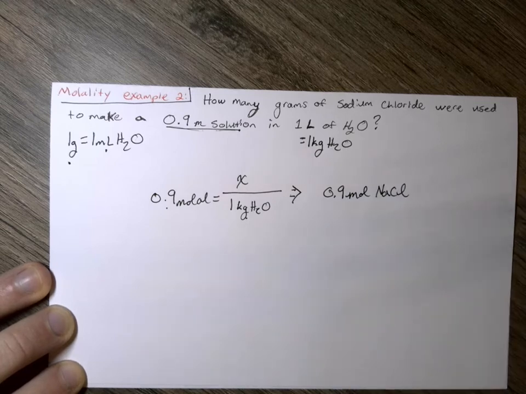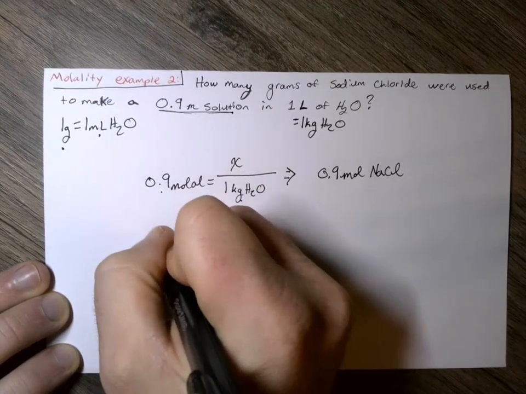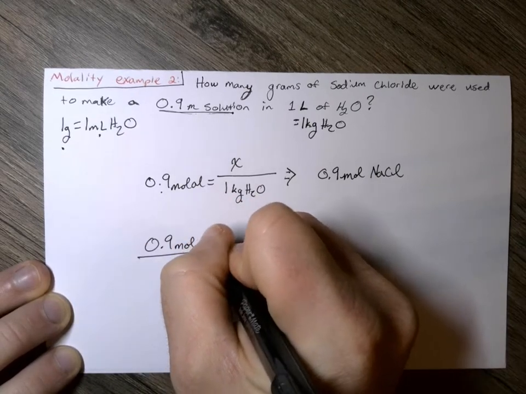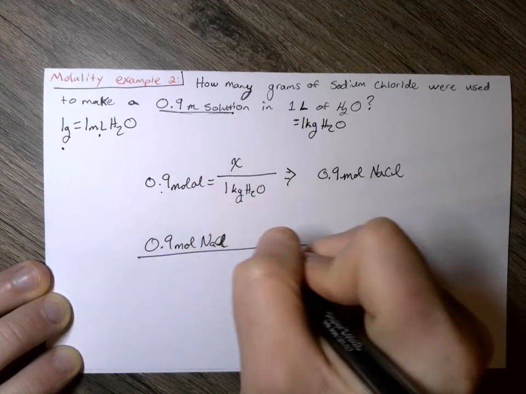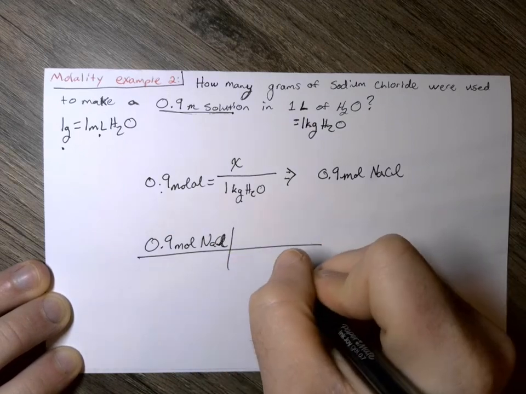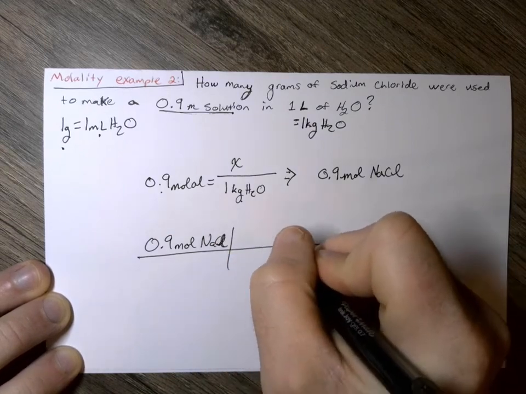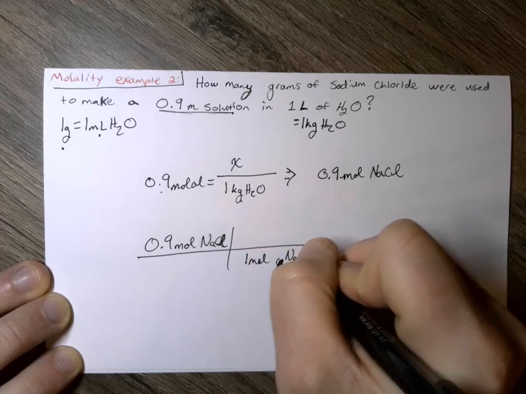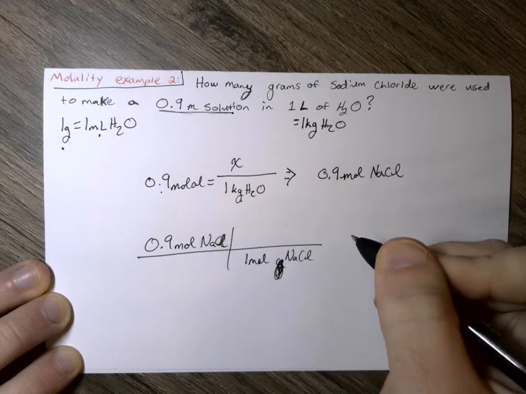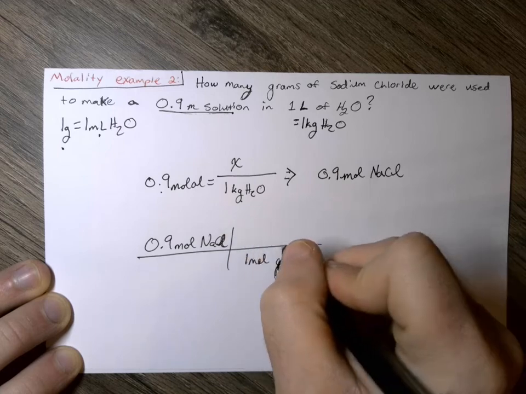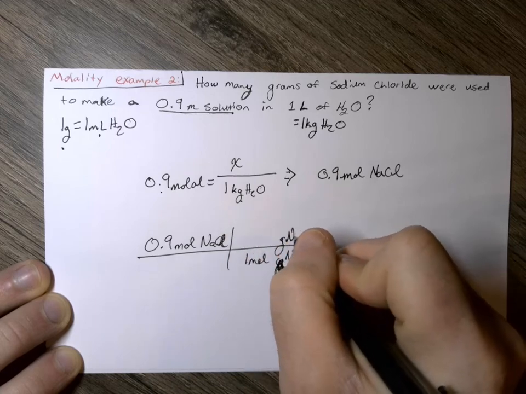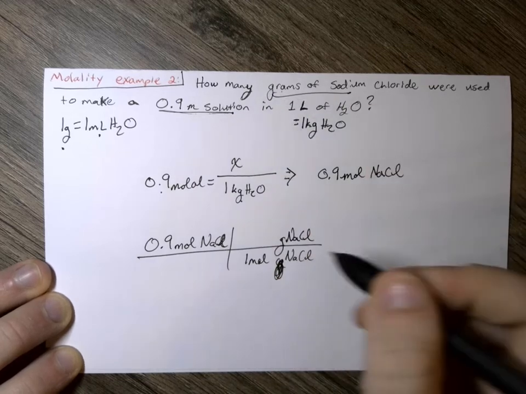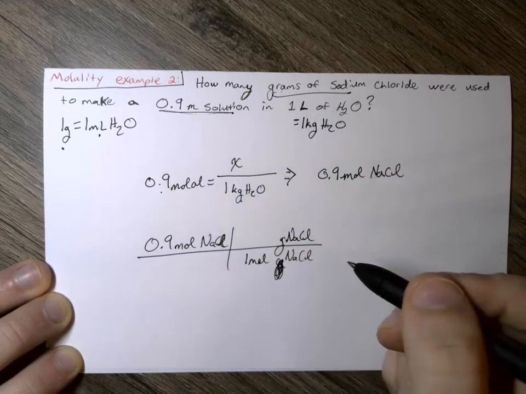Then I need to take that to grams. So 0.9 moles of NaCl, for every 1 mole of NaCl, I'm calculating to determine the molar mass, but that's going to be in grams of NaCl. And it wants grams of sodium chloride. So, how many grams of sodium chloride are in 1 mole?